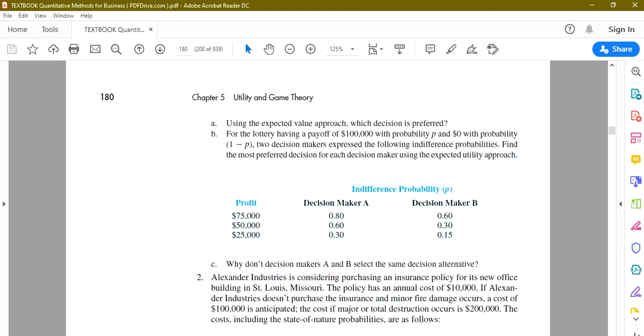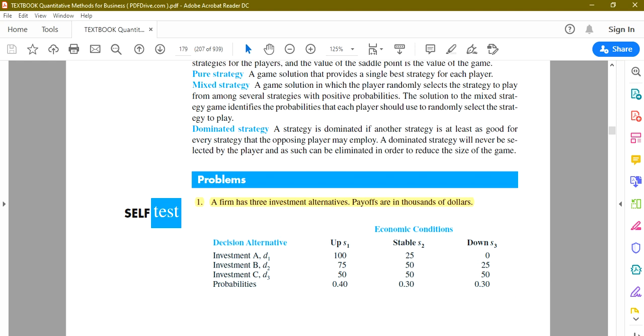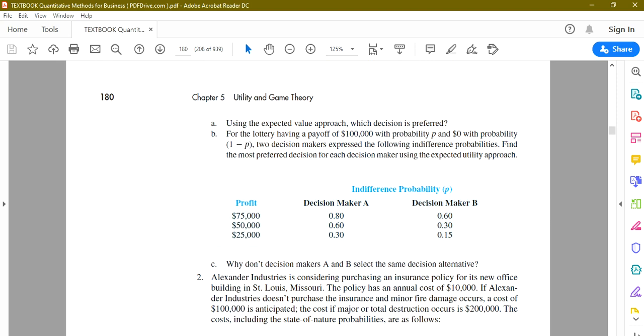So it's not the probability that's given here, it's indifference probabilities. This is the second step of the utility approach. Find the most preferred decision for each decision maker using the expected utility approach. So the numbers are given here.